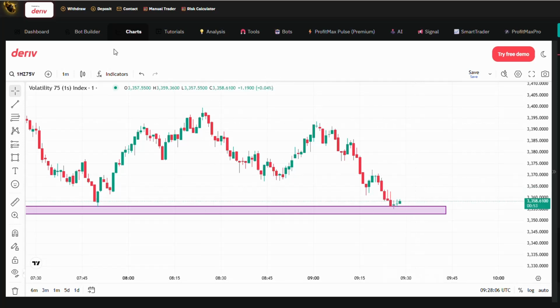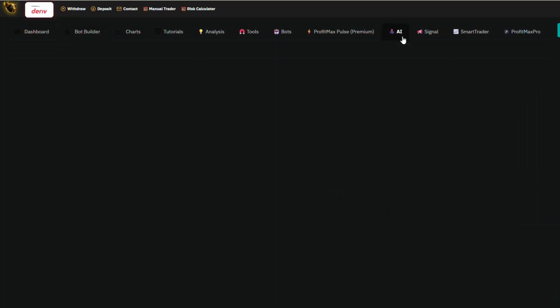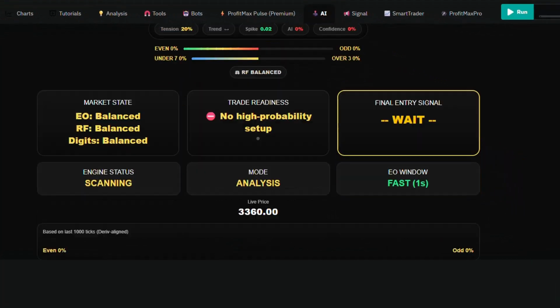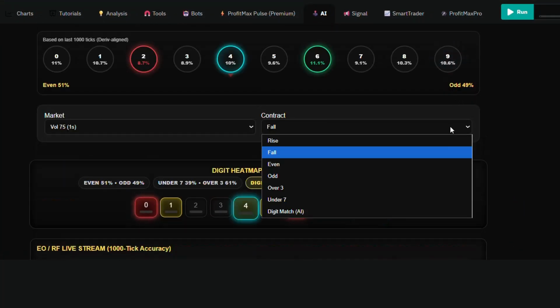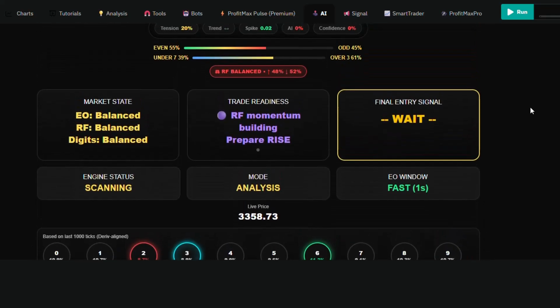So let's go back to the bot builder, adjust for rise. Okay, we've input our stake and all the other parameters, and then now we come to the Surge engine. Of course, volatility 75 rise, and you can already see there RF momentum building, prepare rise.